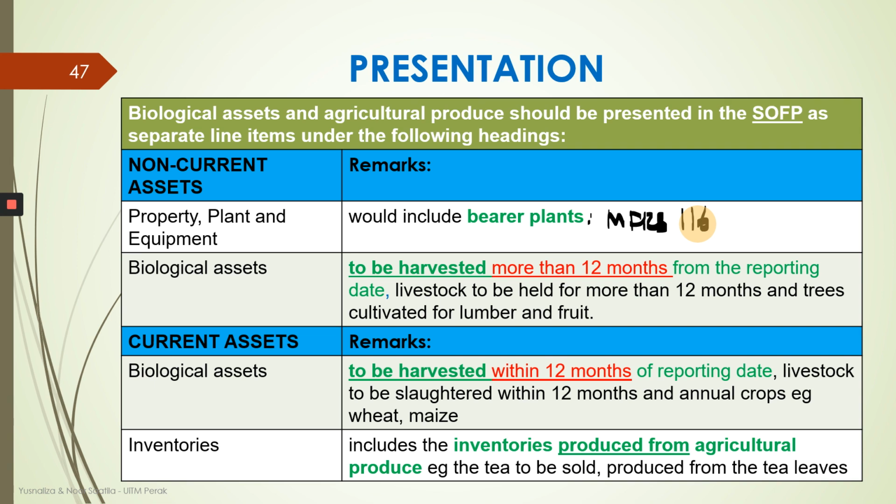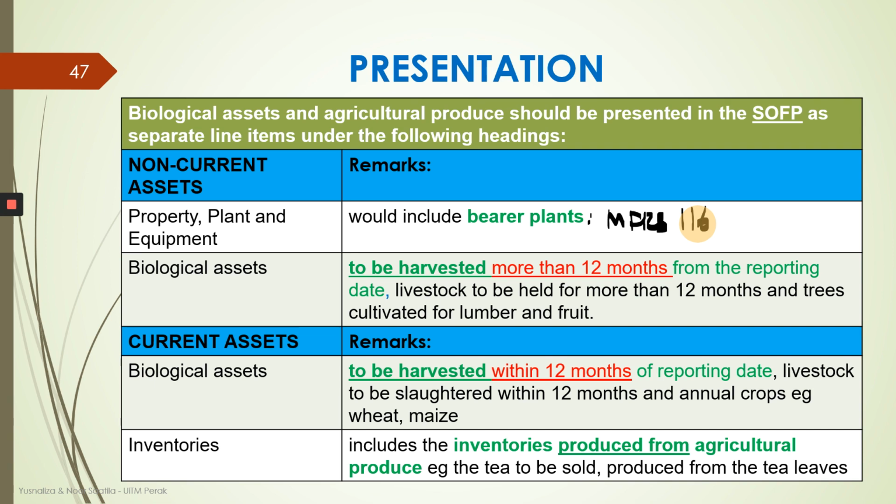It is still a biological asset, only that it is not accounted for under MFRS 141. And biological asset that are going to be harvested more than 12 months from the reporting date, like durian trees, like rubber trees, those will be classified as biological asset, non-current asset.